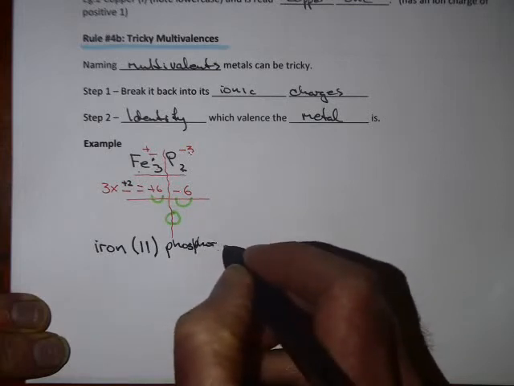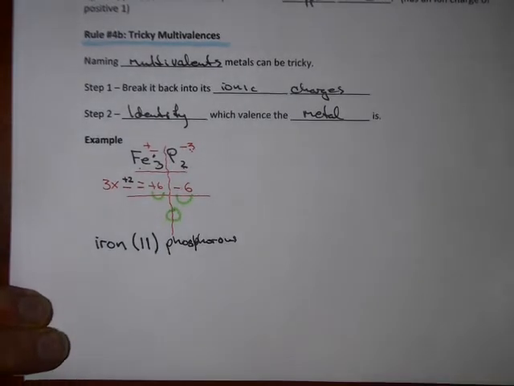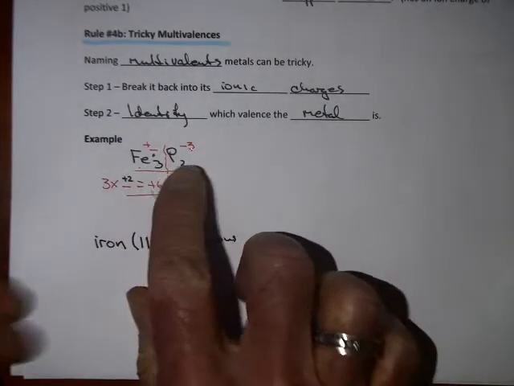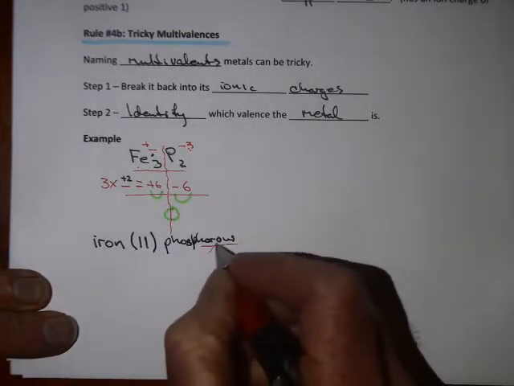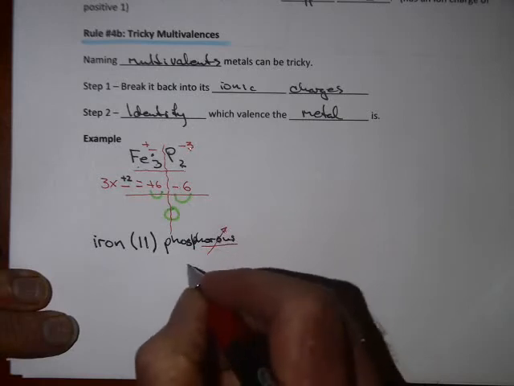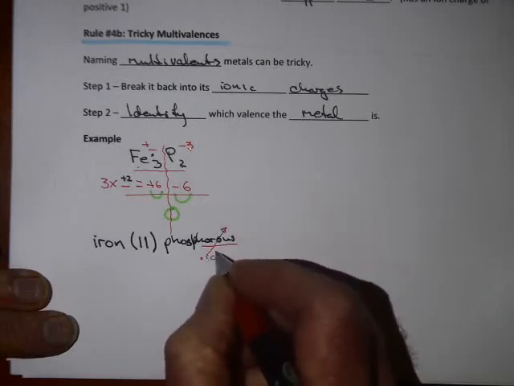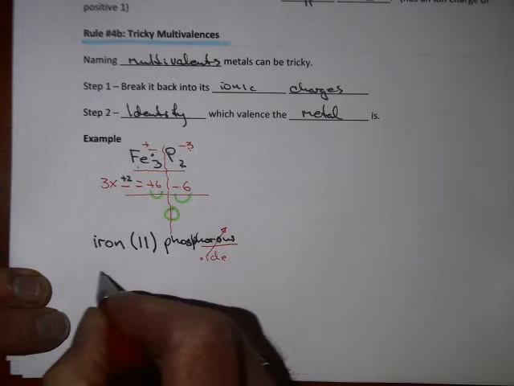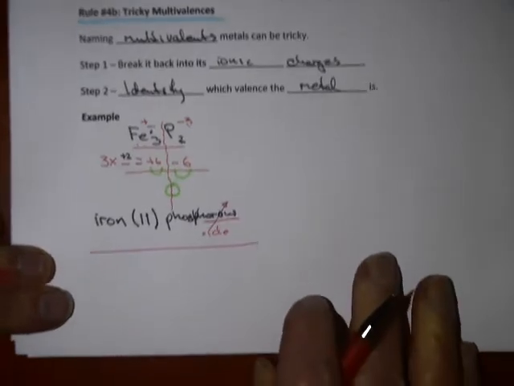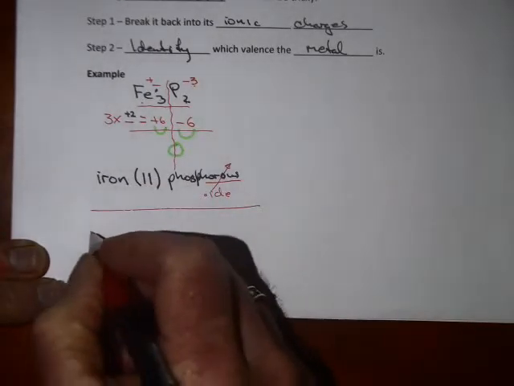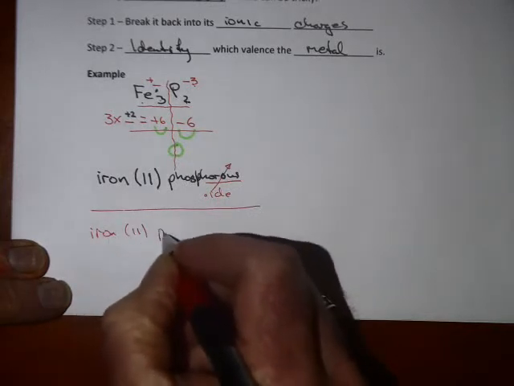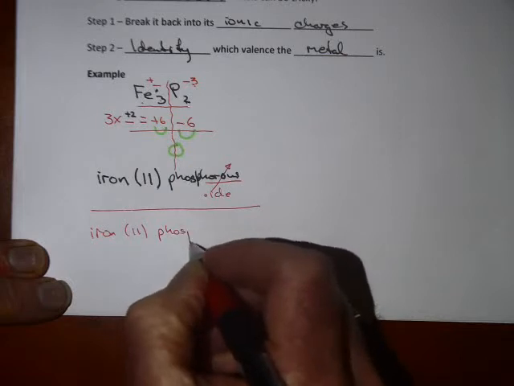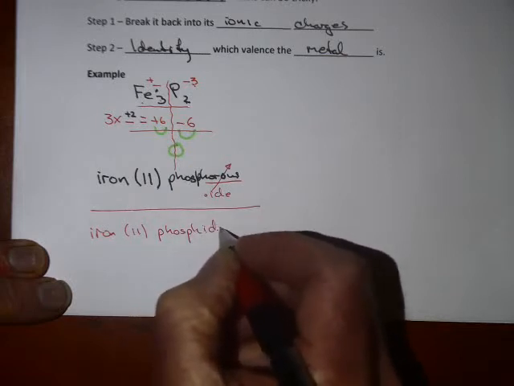But because there are only 2, I have to take this, drop that, and this becomes IDE. So the actual name of this is iron 2 phosphide. Okay?